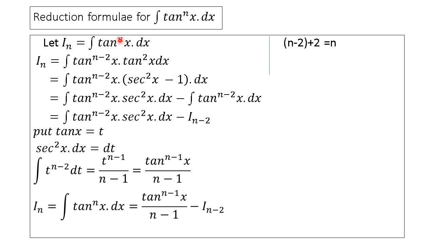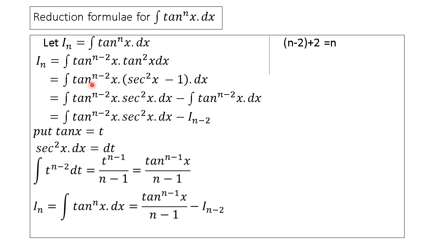We write this equation I_n is equal to tan to the power n minus 2 into x into tan square x into dx. Here also plus 2 and minus 2 get cancelled, and we get tan to the power n x into dx.